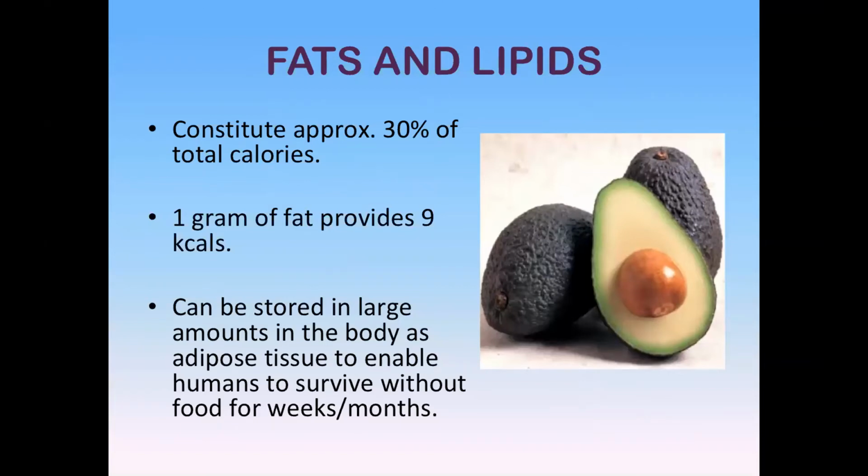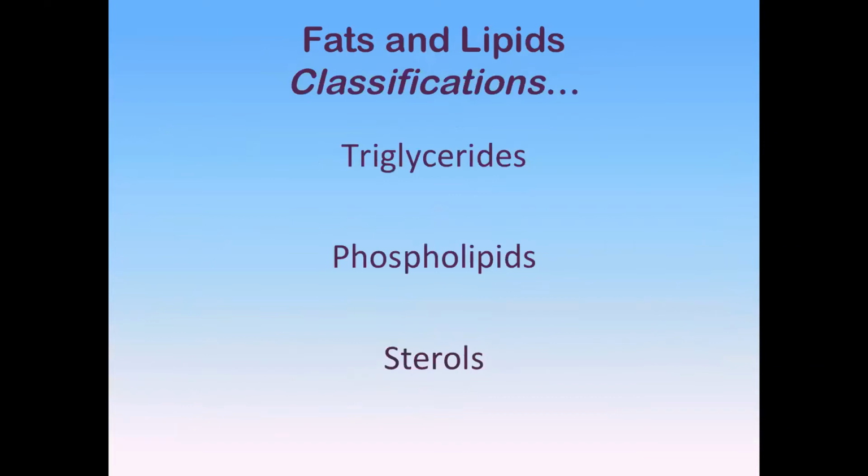One gram of fat provides 9 calories. And fat, opposite of carbohydrate, can be stored in large amounts in the body as adipose tissue. We have triglycerides, phospholipids and sterols. These are the classification of fats and lipids.